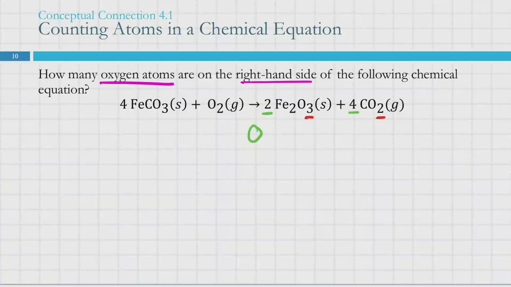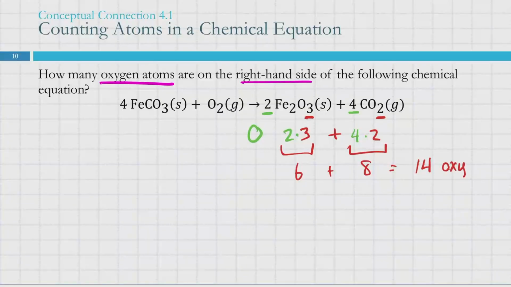So for our Fe2O3, our iron 3 oxide, we've got 2 times 3, that's going to be 6. And we're adding to that the 4 times 2 in our carbon dioxide. So 4 times 2, that gives us 8. 6 plus 8, 14 oxygens.